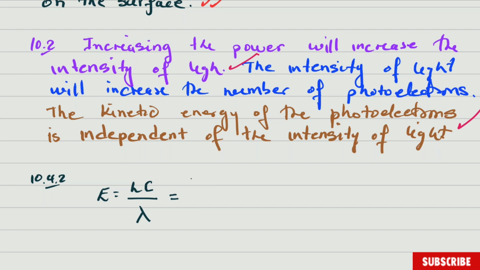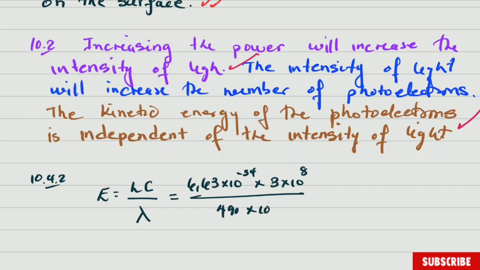So when you substitute, you get 6,63 times 10 to the minus 34 multiplied by the speed of light, which is 3 times 10 to the 8 divided by 490. Let's fix that one. 490 nanometers.